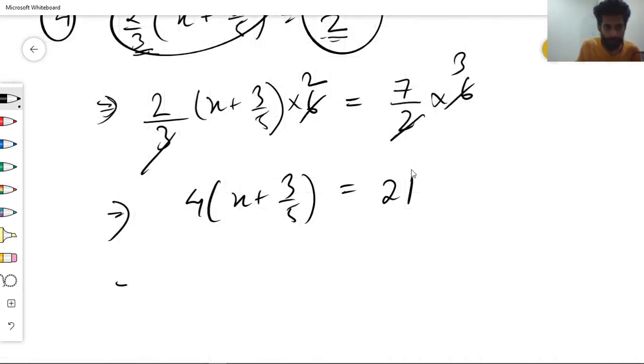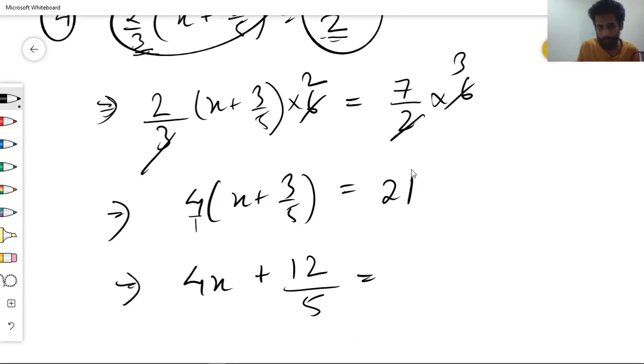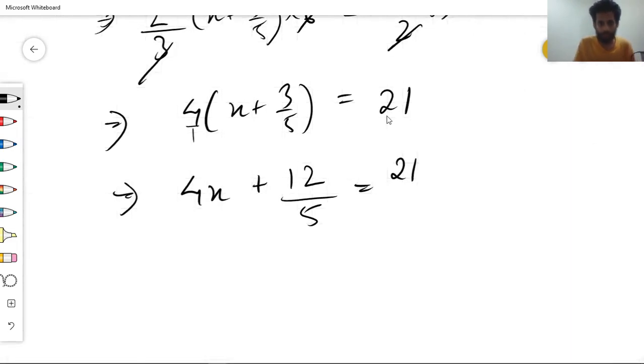Now we will open the bracket. When we open the bracket, it will be 4x, then 4 3s are 12 by 5. 4 will be multiplied only with the upper part. This 4 by 1, so when we multiply it, 4 into 3, 1 into 5, equals 21. Now again we have a denominator, so we will bring this in the fraction.